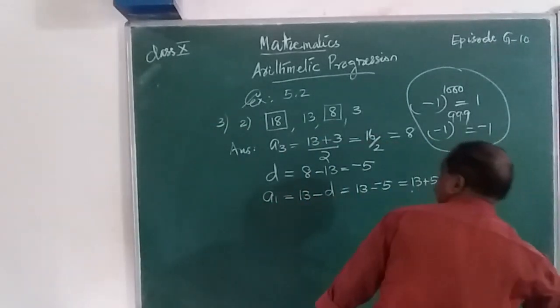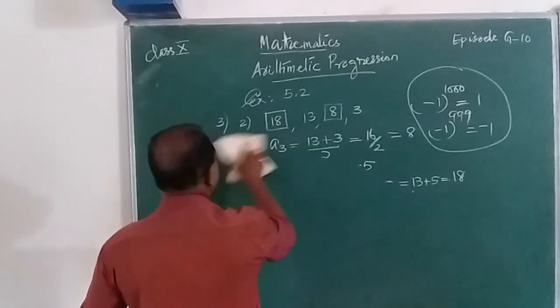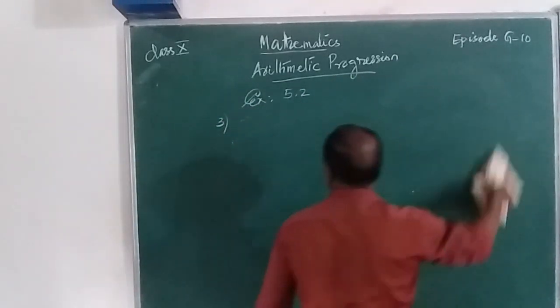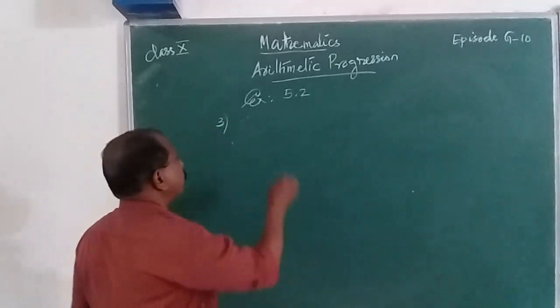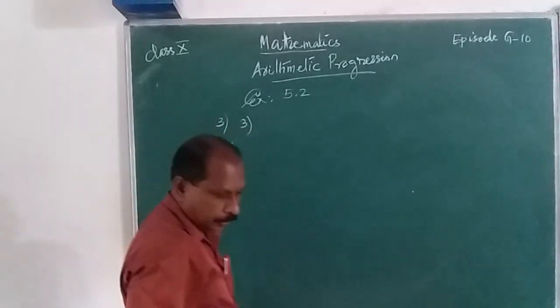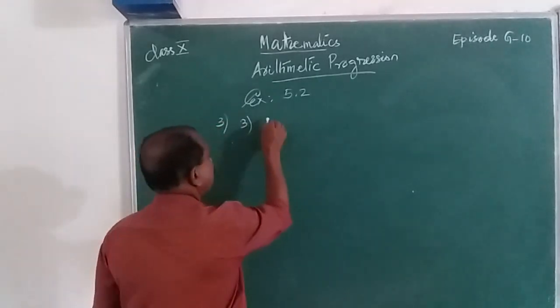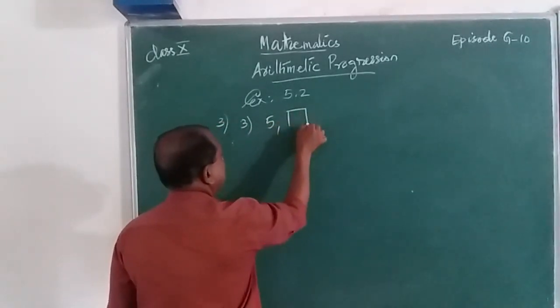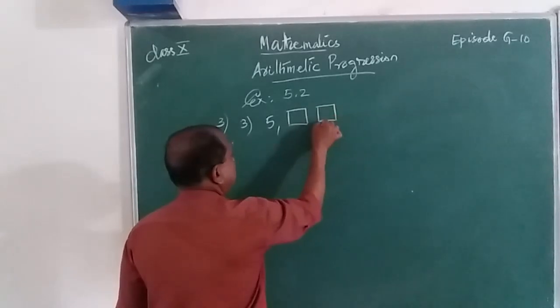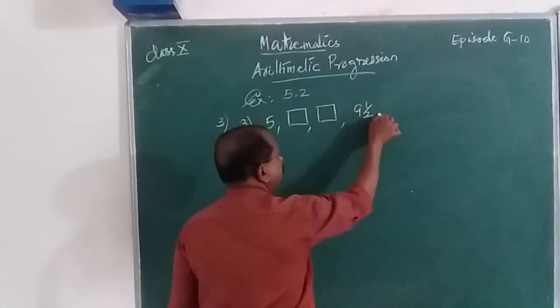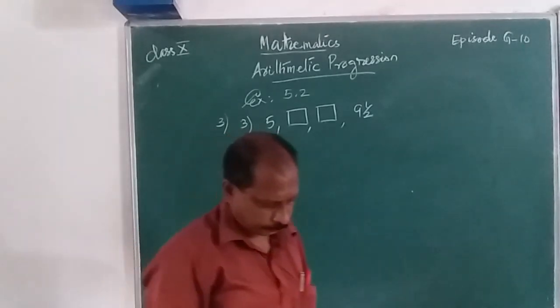Okay? Clear. Then the third question of main question number 3: find the missing terms. 5, then the second term and third term missing, and 9 and a half is the fourth term.